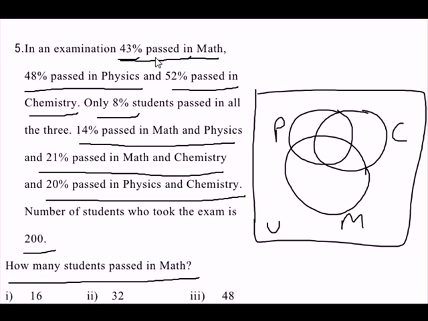Math is the one at the bottom, and you have 43. 48 passed in physics, and 52 passed in chemistry.